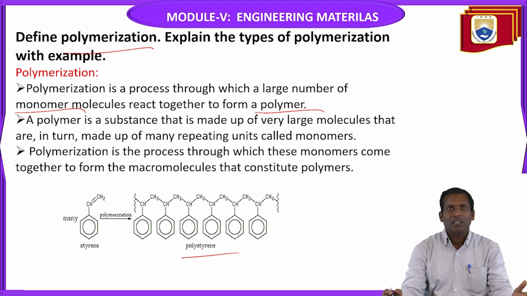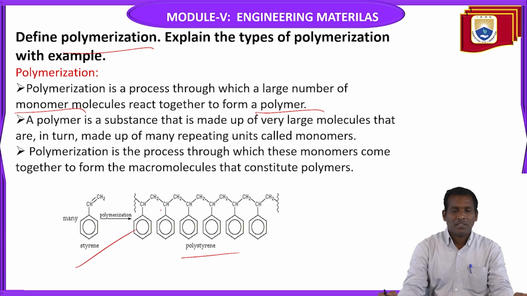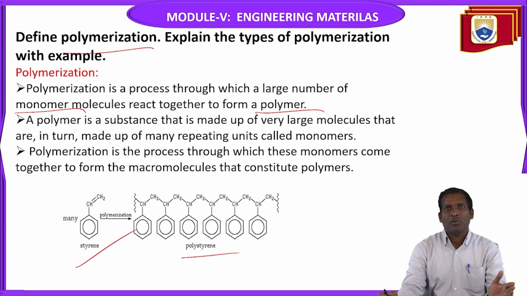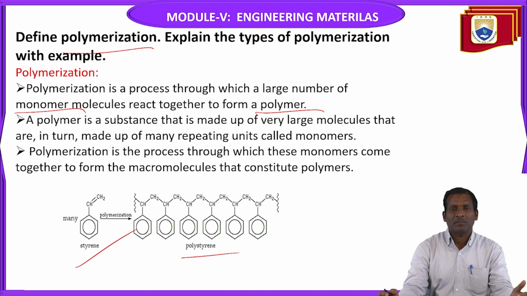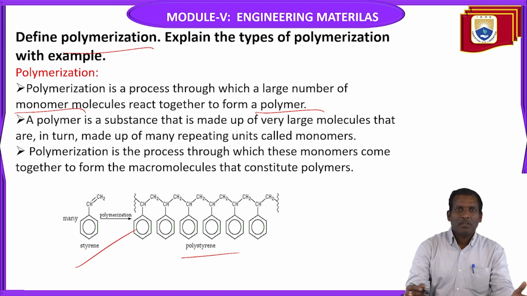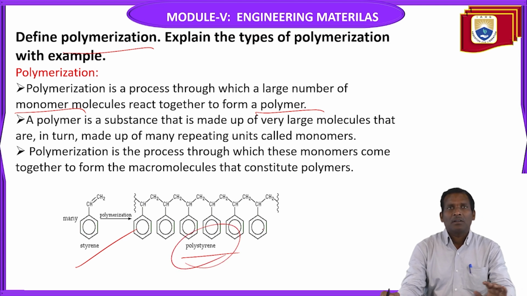That process is called polymerization. The example is styrene, which is one monomer. A large number of monomer molecules react, one styrene monomer to another monomer, and finally the output product is polystyrene.